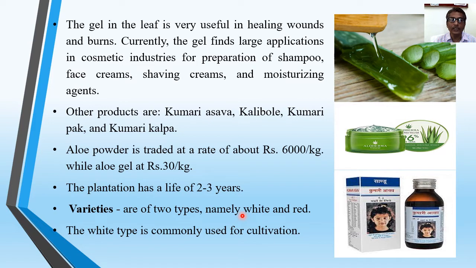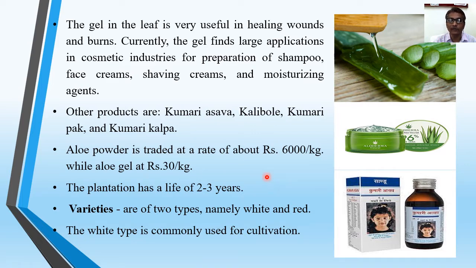Aloe powder is traded at the rate of about 6,000 rupees per kg, while the aloe gel is at 30 rupees per kg. The plantation has a life of 2 to 3 years.